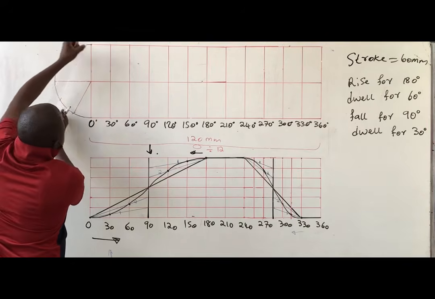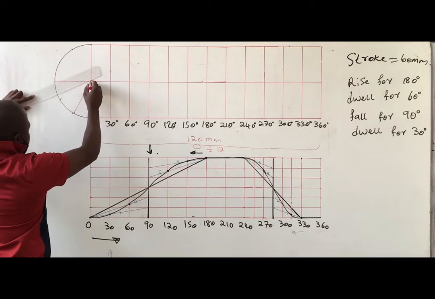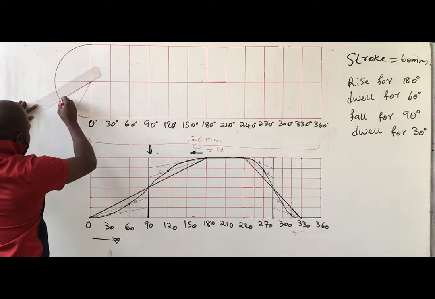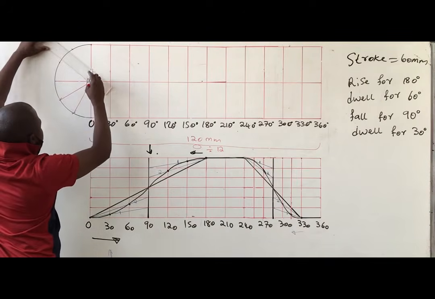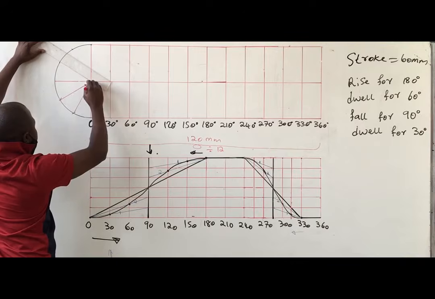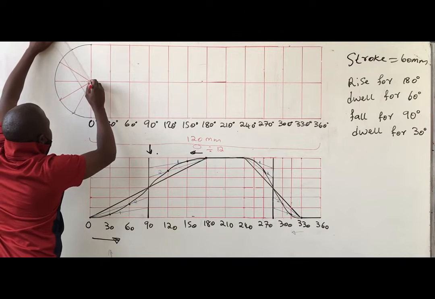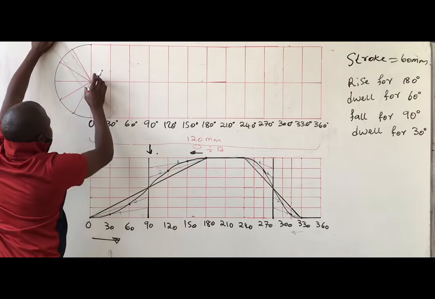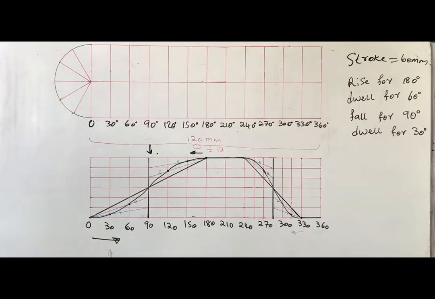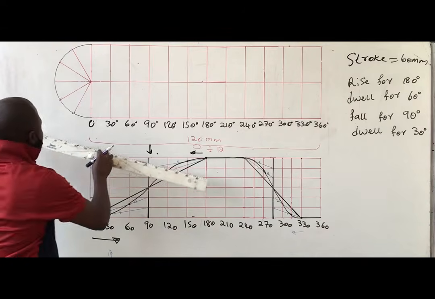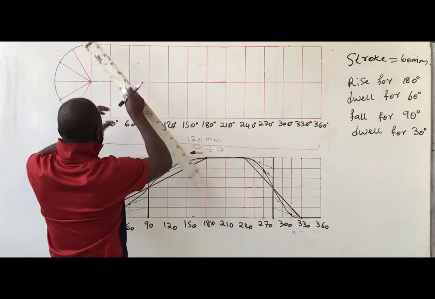Then you join your marks where you have marked. From your mark, you draw a horizontal line.